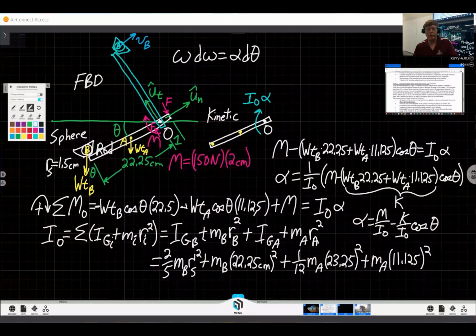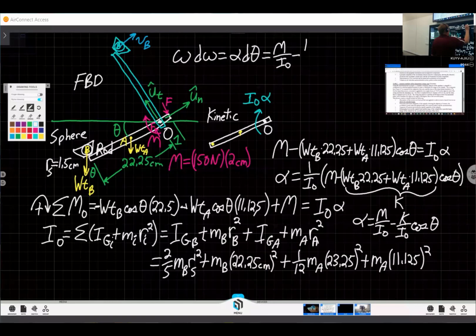You now have an expression that is equal to M over IO minus K over IO cosine theta d theta.